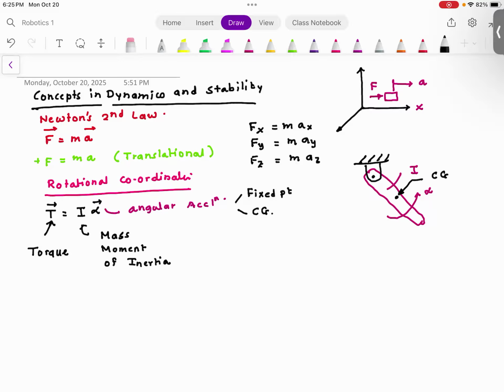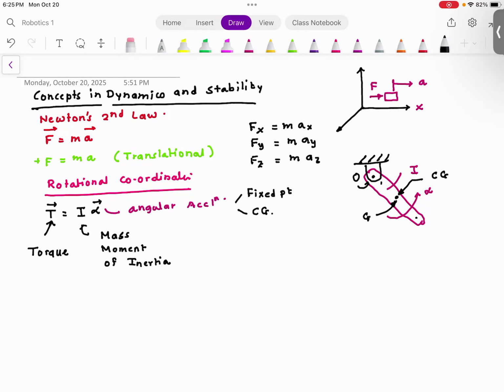What does that mean? T is equal to I alpha is only valid at point O and at point G. You cannot apply T is equal to I alpha at some random point over here, some random point over here.